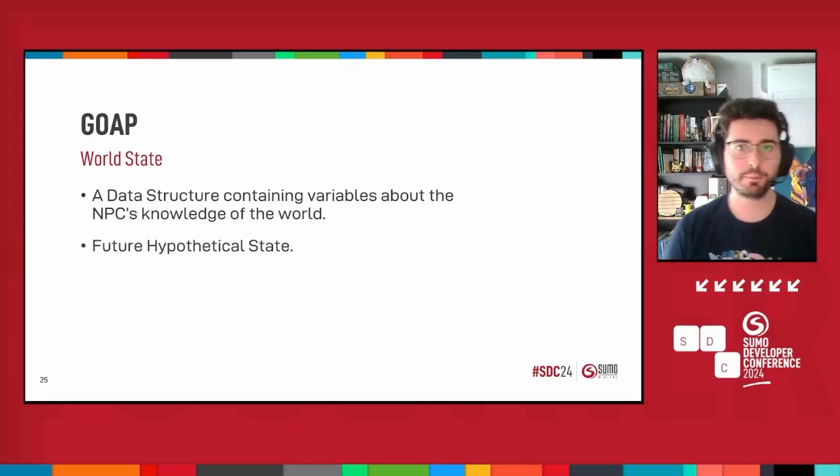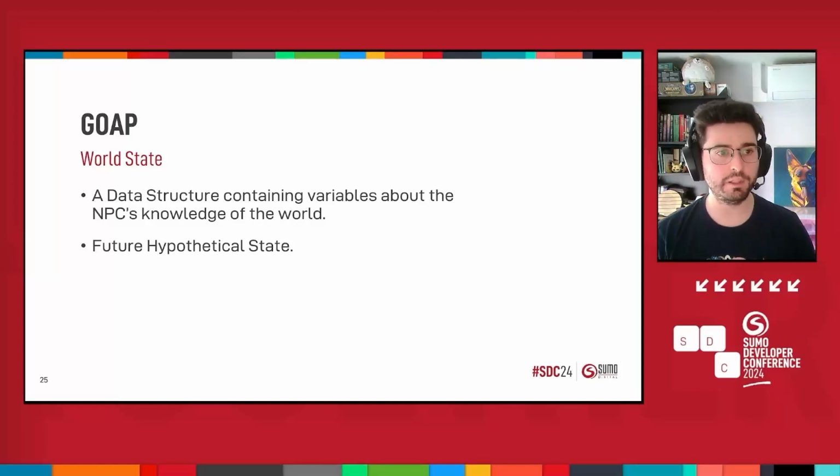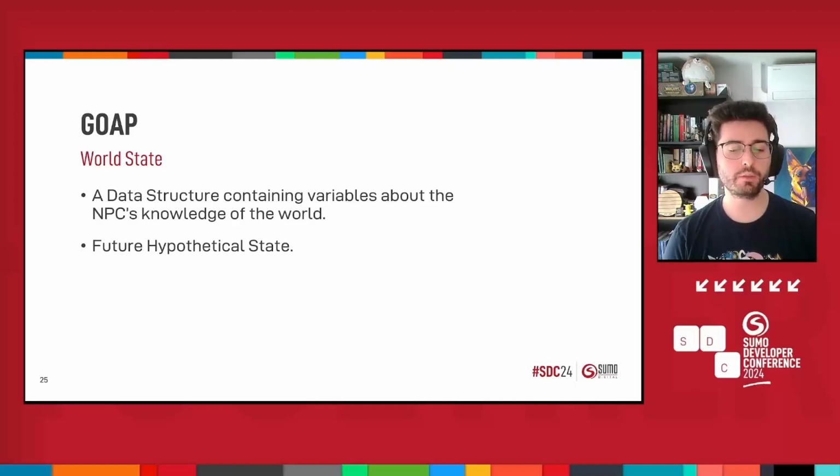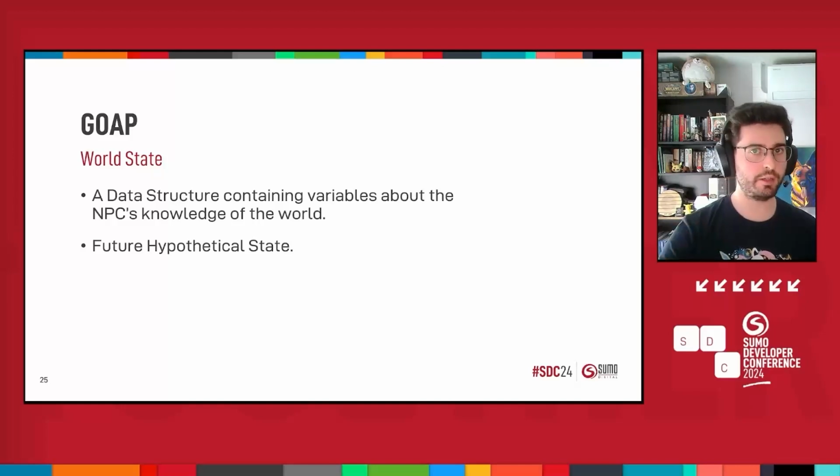One important concept when talking about world state is that we will have a working world state while planning the plan. This means that we start with a starting world state, but to achieve a certain goal, we are going to have to enact certain actions, and those actions will impact a hypothetical world state.